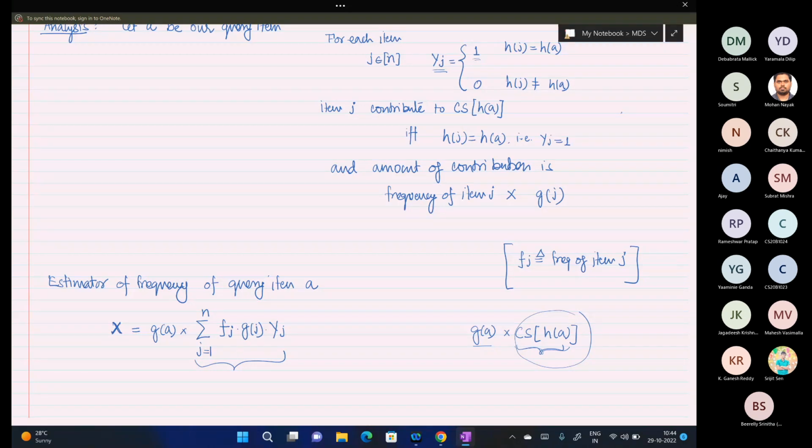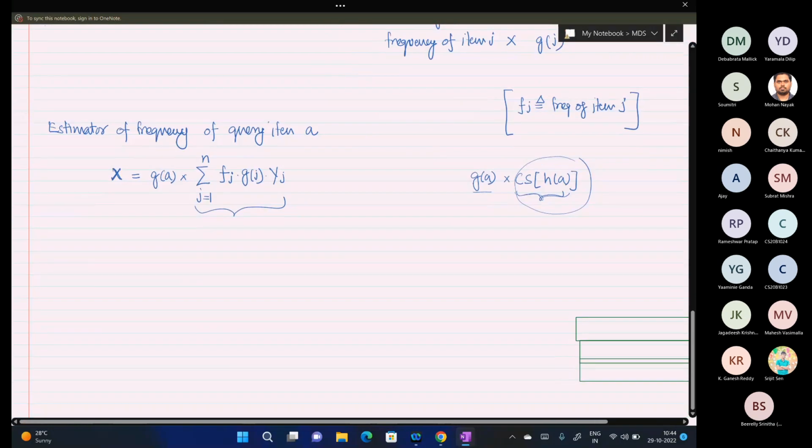So their contribution is Fj into Gj into Yj, and we'll add up for all the elements in the universe. For all those elements which are not mapped in the same bin in which A has been mapped, the corresponding Yj value will be 0. So those will be taken care of by this indicator random variable Yj. Right, so this is slightly subtle, but yeah.